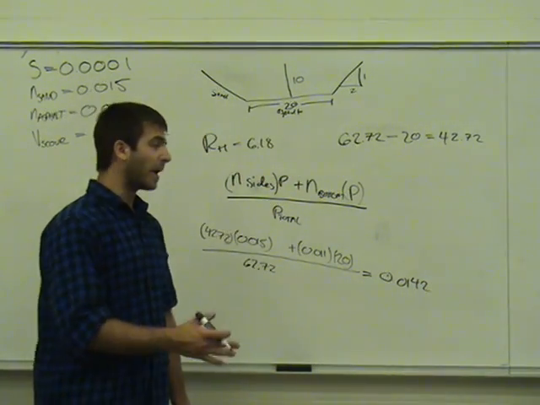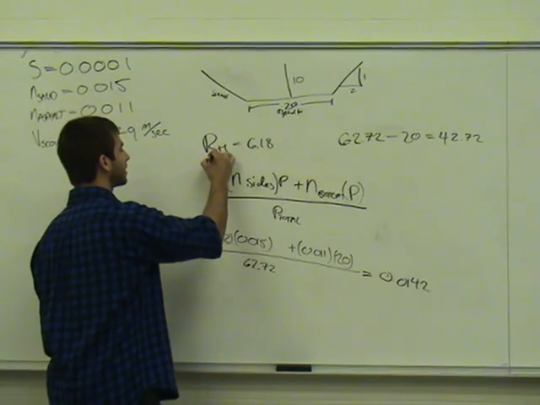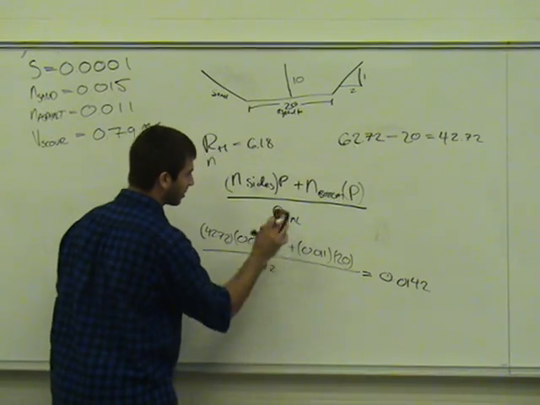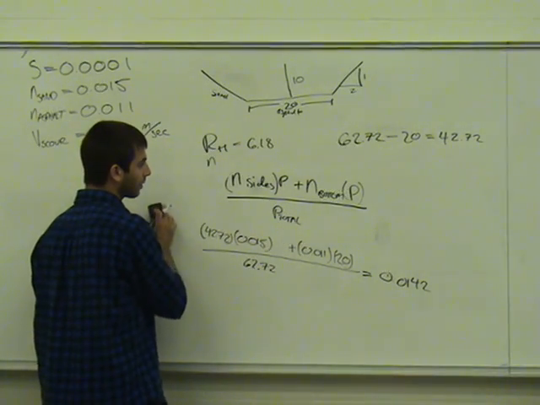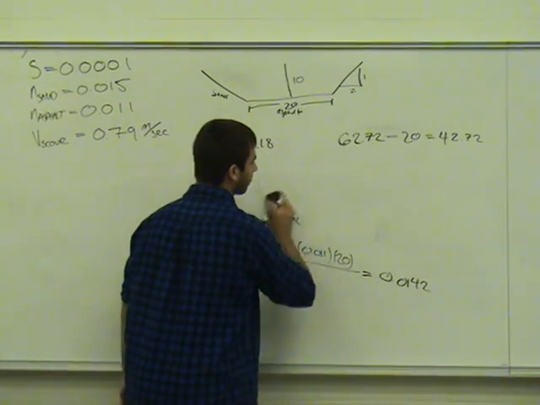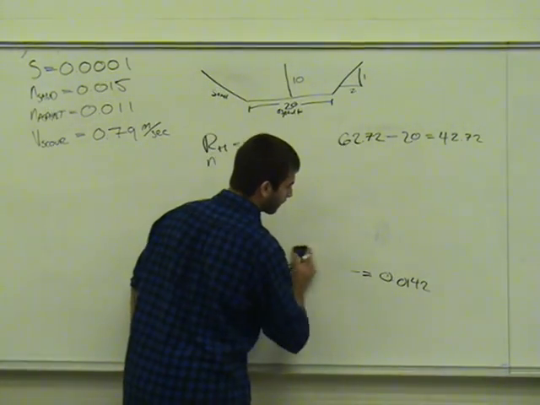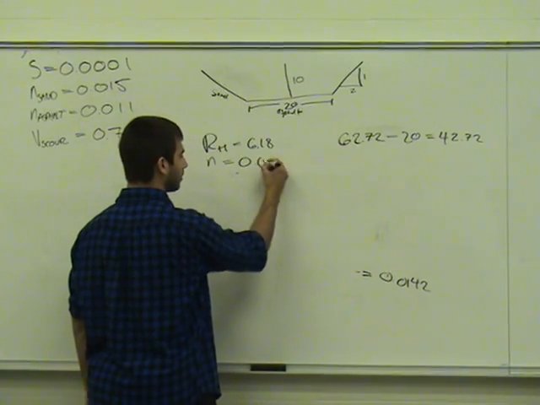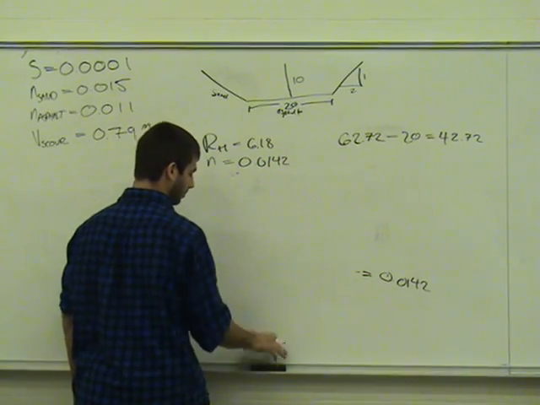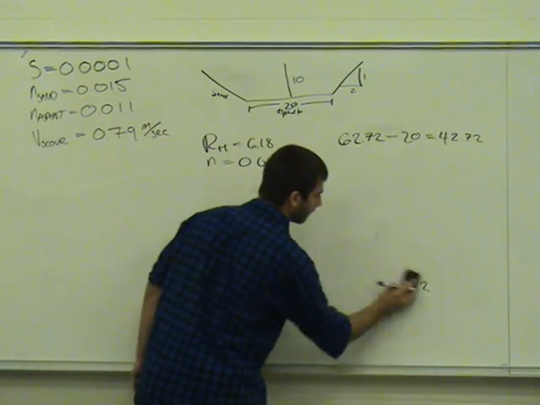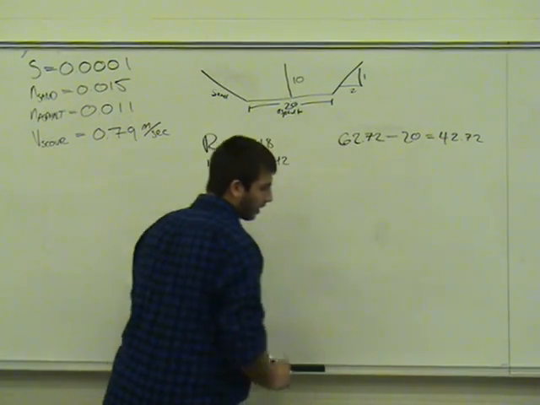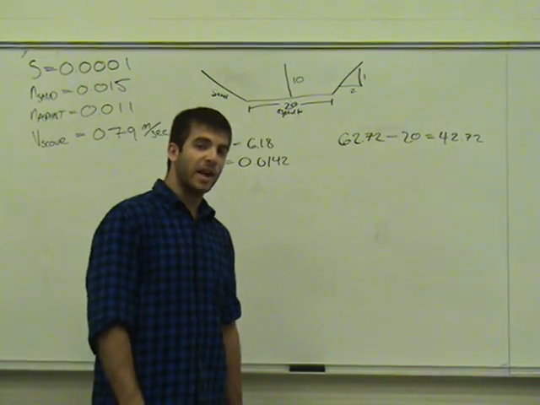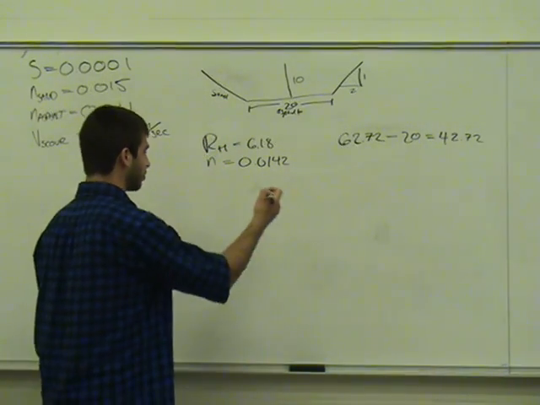Cool. So now we have our Manning's n, we have our hydraulic radius. Erase this real quick, make sure you get that down. All right, now we're going to plug all this into our Manning's equation, which you might know already. We're trying to find the velocity.